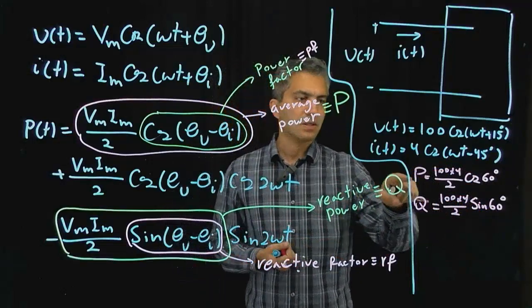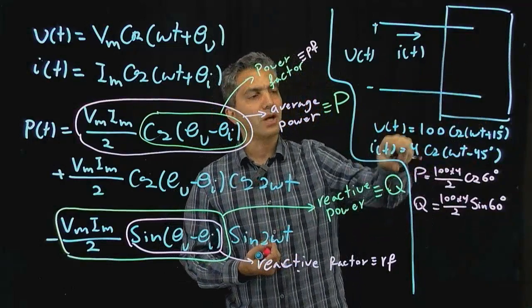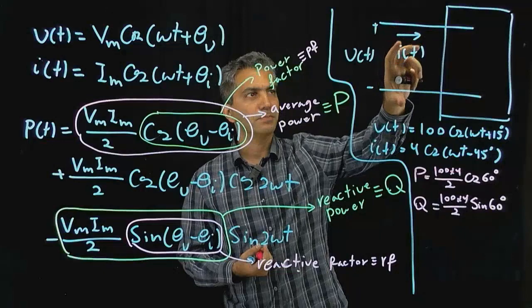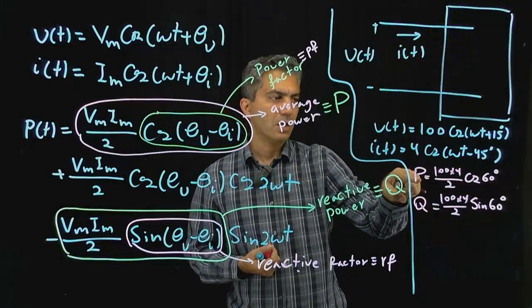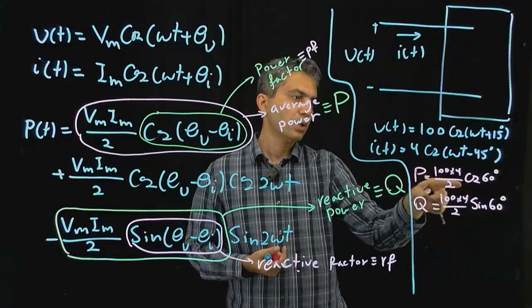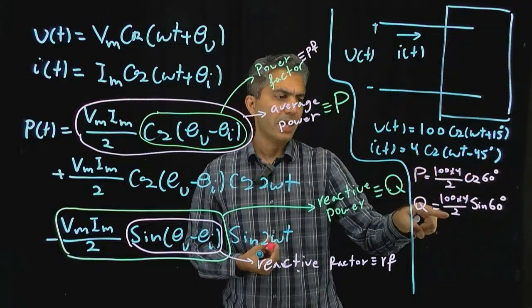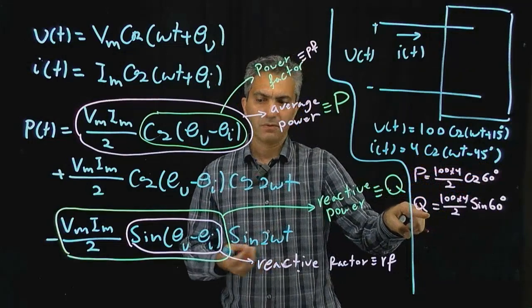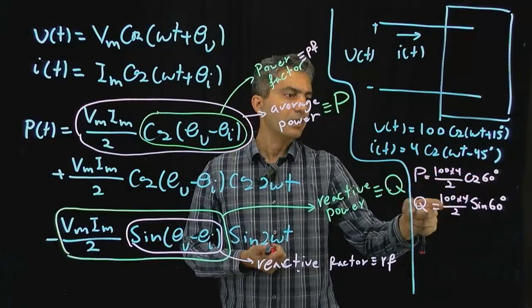So what that means is that this load, assuming that this is the voltage and current measured for that load, is consuming an average power equal to, if that's half, 100 watts. And Q being positive, if you recall, tells us that we're dealing with an inductive load.